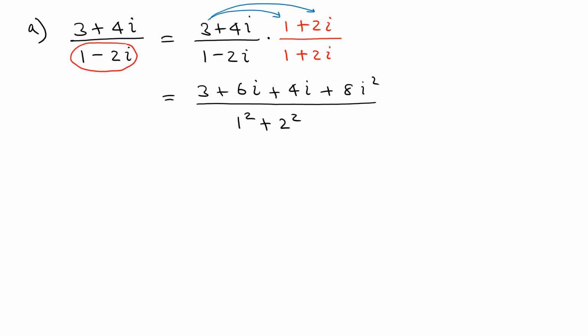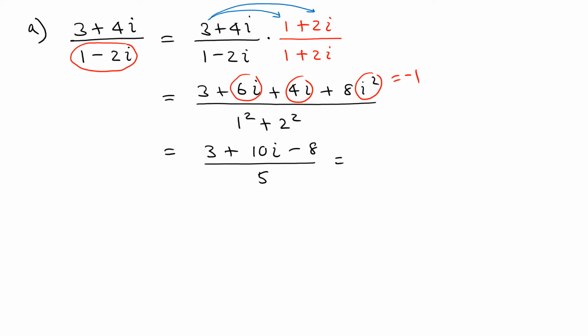And then you can see if you simplify, we have i squared, which is equal to negative 1. So that means you can rewrite this one as 3, and then we have 6i and 4i, which is 10i, and because i squared is negative 1, you get negative 8, over the bottom, which is 5.